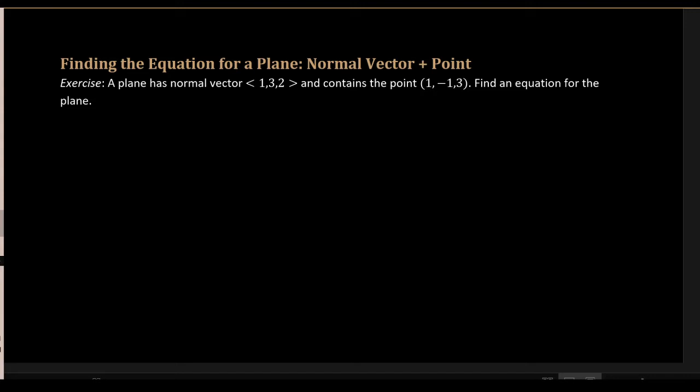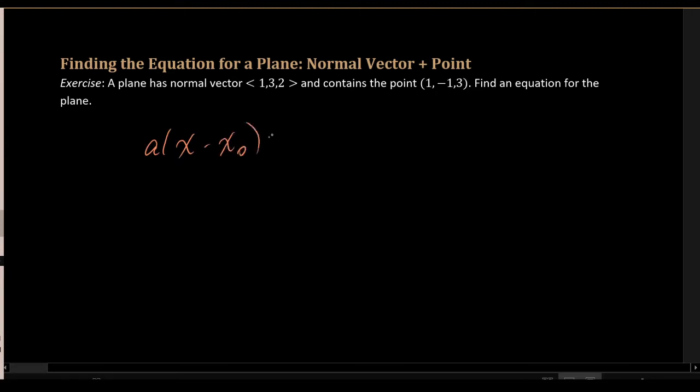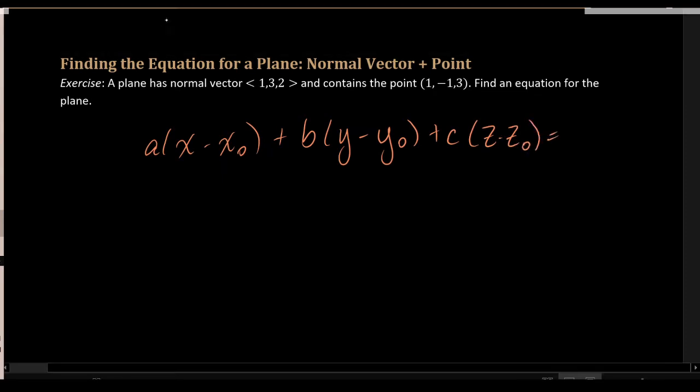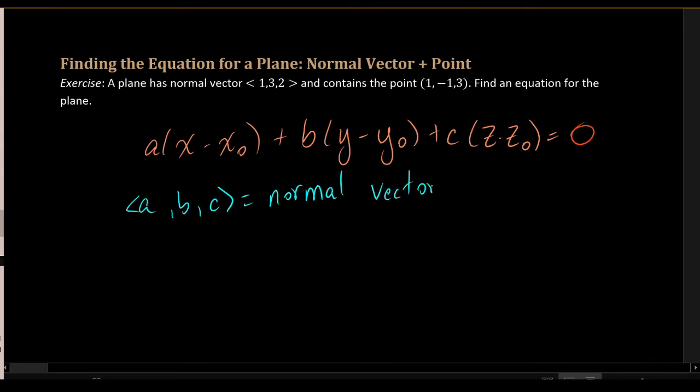So all we have to do is use the fact that the equation of the plane has the form a times x minus x naught, plus b times y minus y naught, plus c times z minus z naught equals 0, where the letters A, B, C represent the normal vector, and x naught, y naught, z naught represents a point on the plane.